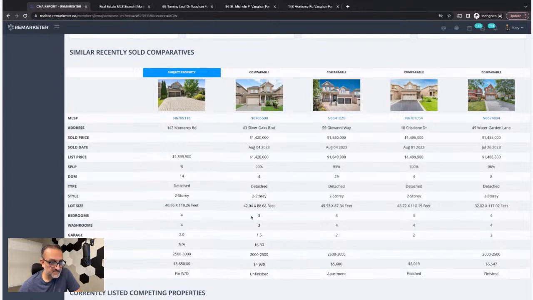So the first thing that comes to mind is, is this 3-bedroom a comparable property to this 4-bedroom property that we have right here? Now, this is what you wouldn't consider. You wouldn't even look at this property when you're doing your own traditional CMA because your filter is set on 4 bedrooms.